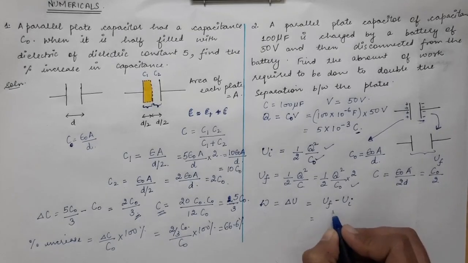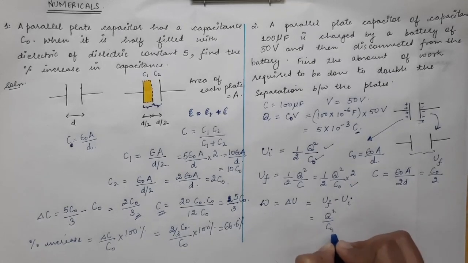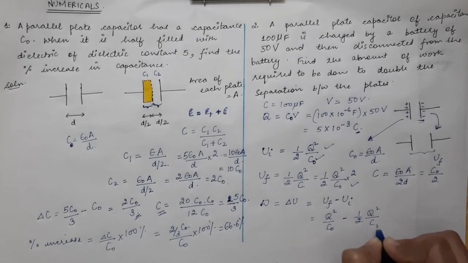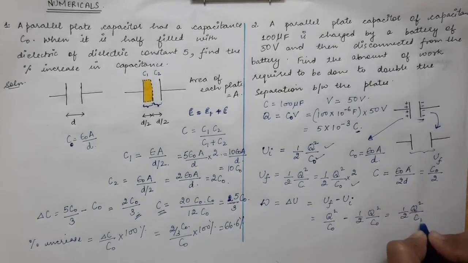What is UF? It is equal to Q square divided by C0, minus, what is UI? It is half of Q square divided by C0. So this will be equal to half of Q square divided by C0.